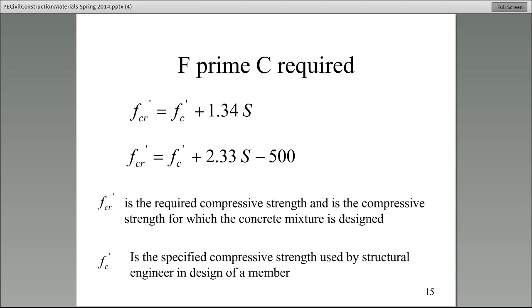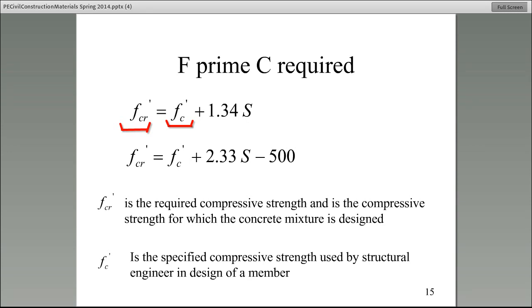The answer is no. The 4,500 PSI, the number 4,500, she uses in her design equations. The concrete mix that you will have to order is different from that. It's this thing, which is called f'c required. f'c required. All right? On the test, they will ask you questions that will test this, actually.